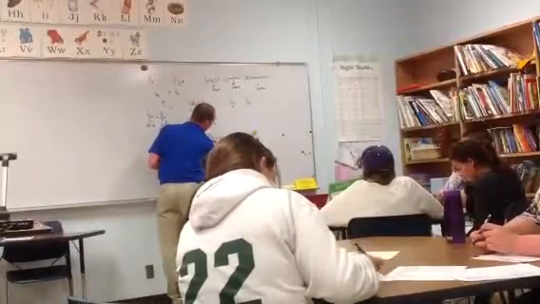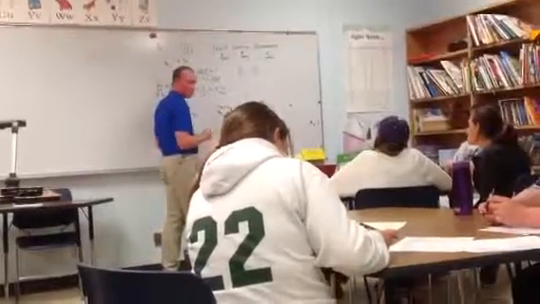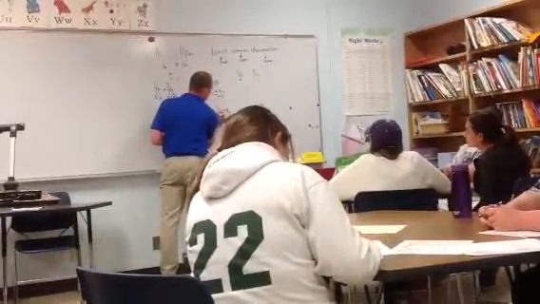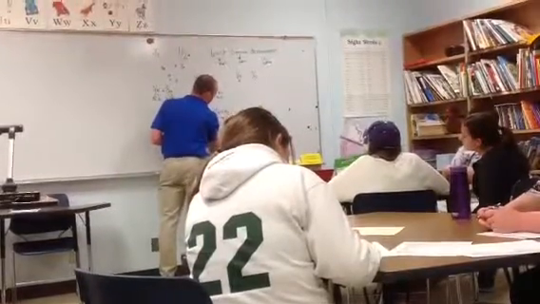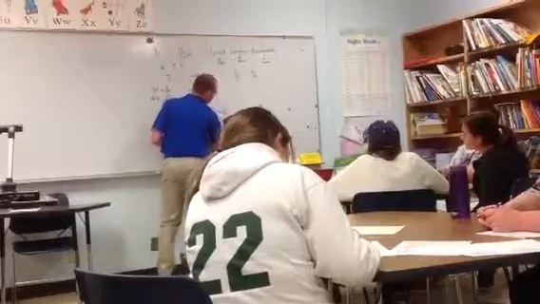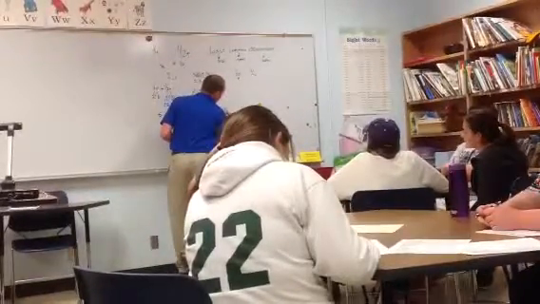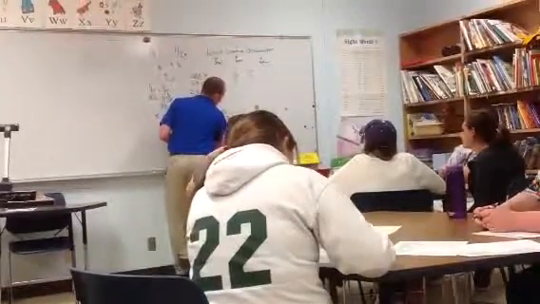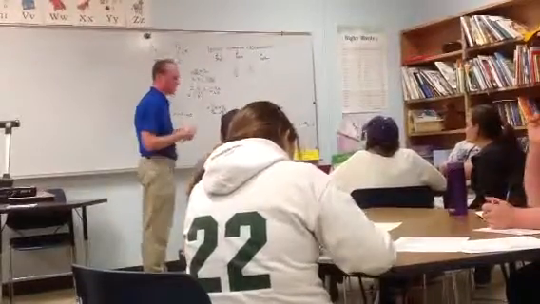So, whatever you do to the bottom, you do to the top. So from 10 to get to 20, what did you do? So you're going to multiply 1 times 2. That fraction is going to be 2/20. And this one, to get from 4 to 20, what did you do? 5. So you're going to go 3 times 5, which equals 15. That's your other fraction. Okay? So, that's how you do that.